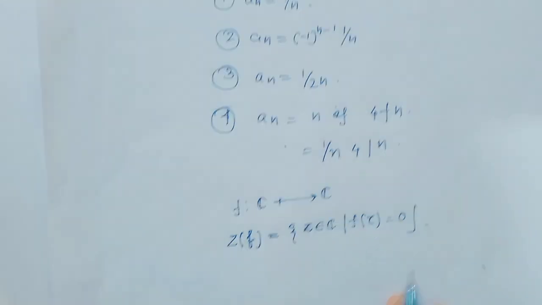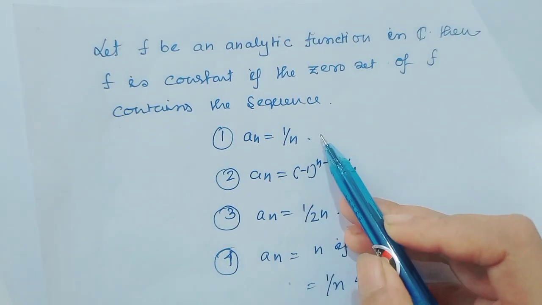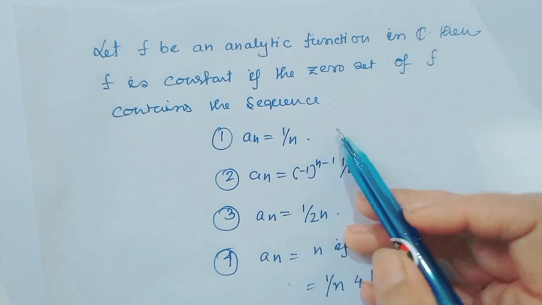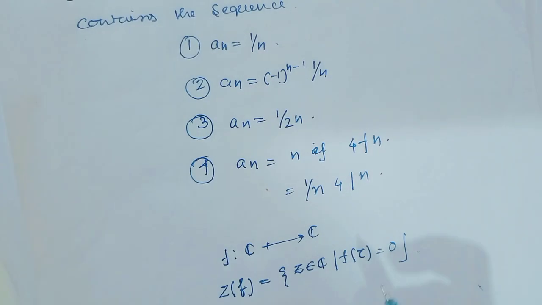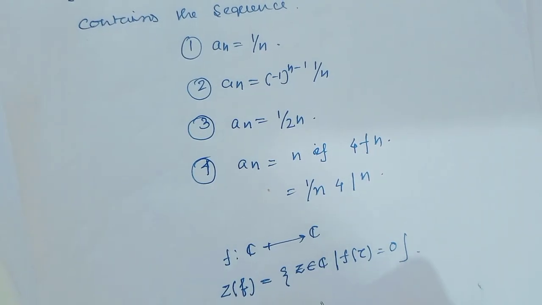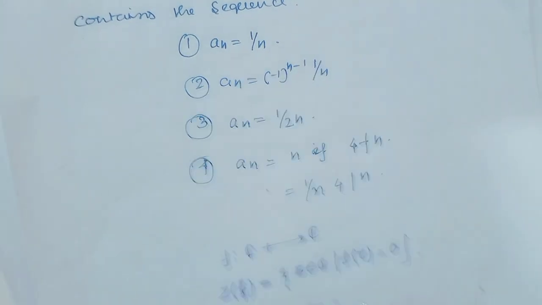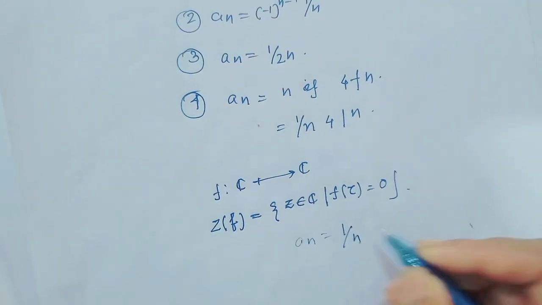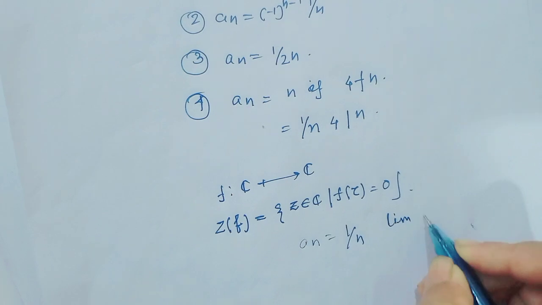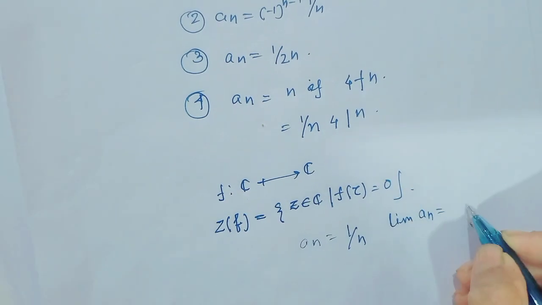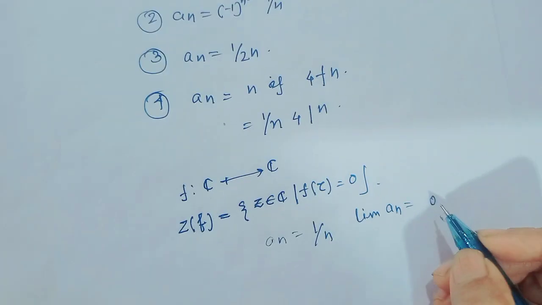Zero set: in option 1 the zero set contains the sequence 1 over n, and here a n equal to 1 over n and the limit of a n equal to 0.